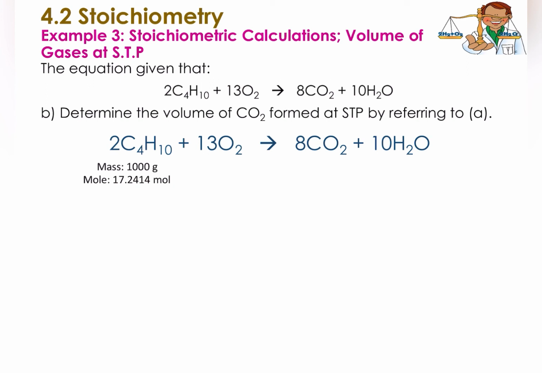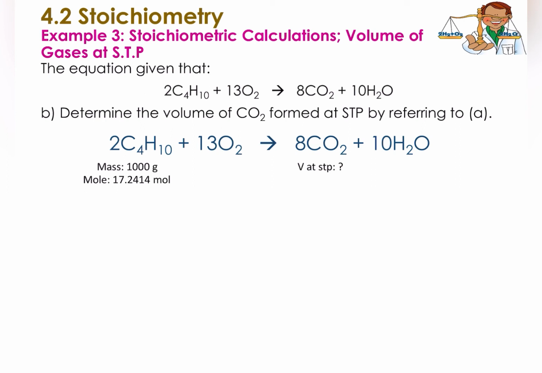Sekarang kita akan compare butane yang telah diberi dan kita calculate bersama dengan CO2. Bukan lagi oksigen, kita ada dalam case question B adalah CO2. So this is what I have to find out, volume at STP for carbon dioxide.